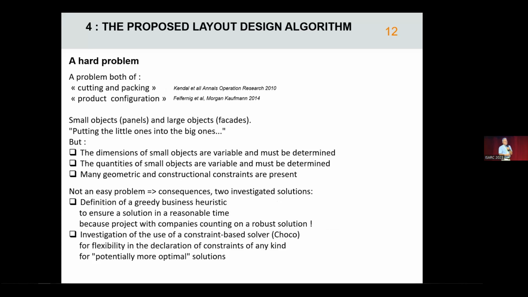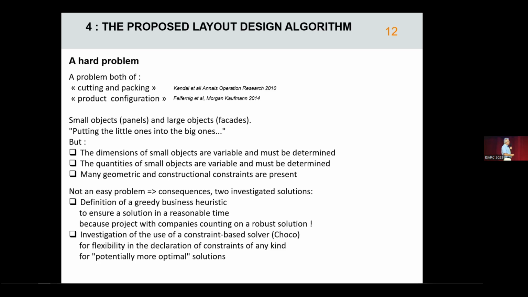In cutting and packing, very often all the sizes are predetermined and known, or the number of objects is known. So especially this quantity of small objects that is non-fixed is a problem for optimization because you don't know at the beginning the size of the problem. Is it going to be 20, 80, 40 variables? You don't know.